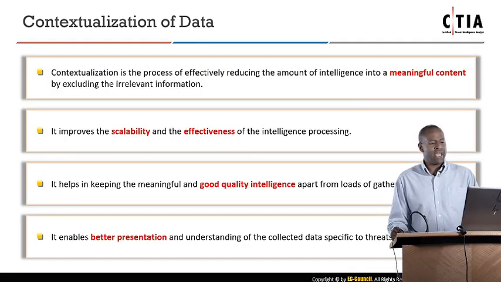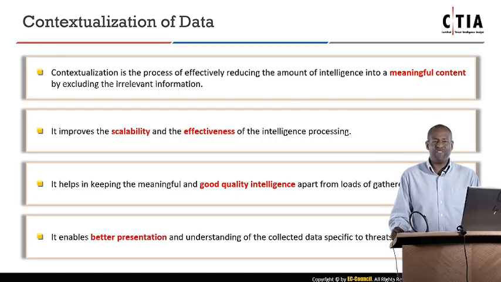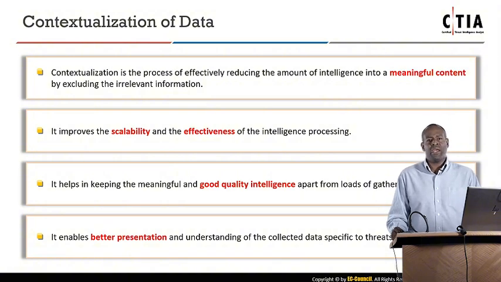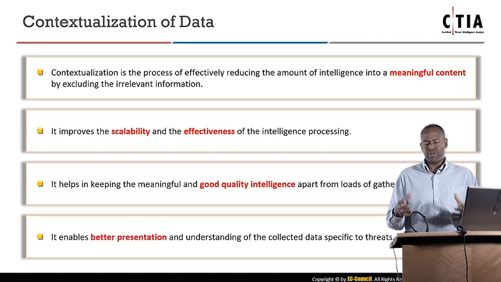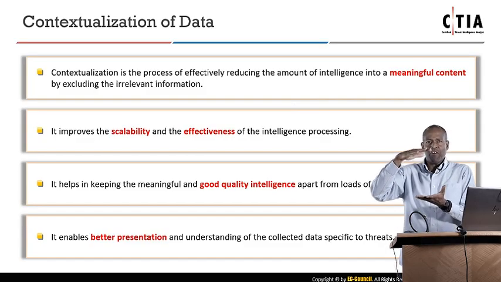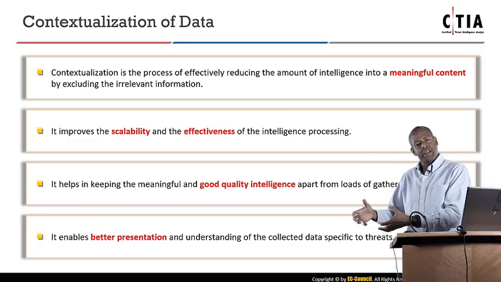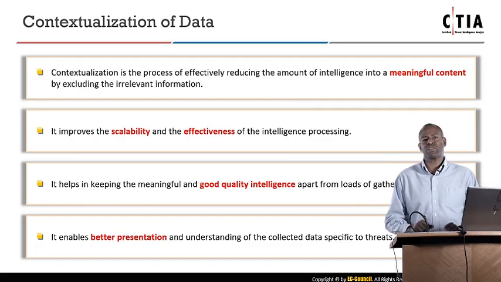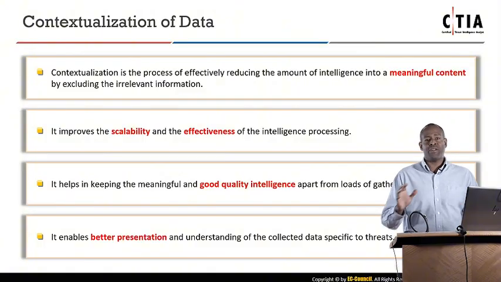The next thing we want to look at is the contextualization of data. And this is where we effectively reduce the amount of intelligence into meaningful content. And we do this by excluding irrelevant information. So if you were to take a report that was, let's say, a foot stack of paper and put it on an executive's desk and say, this is what's going on just this week in our network.